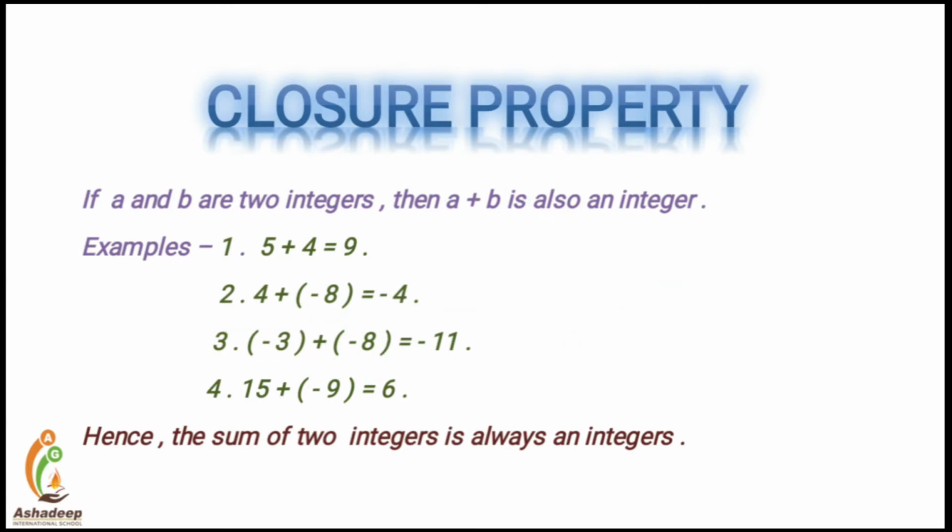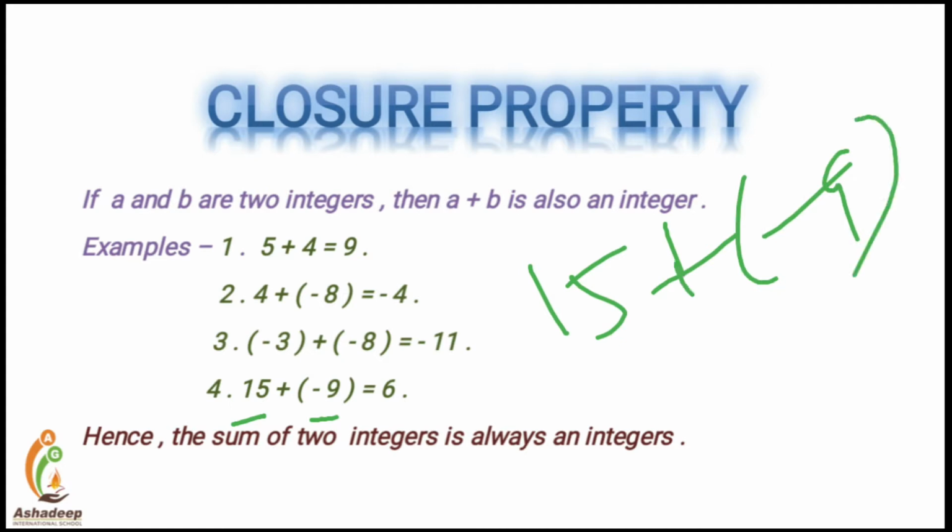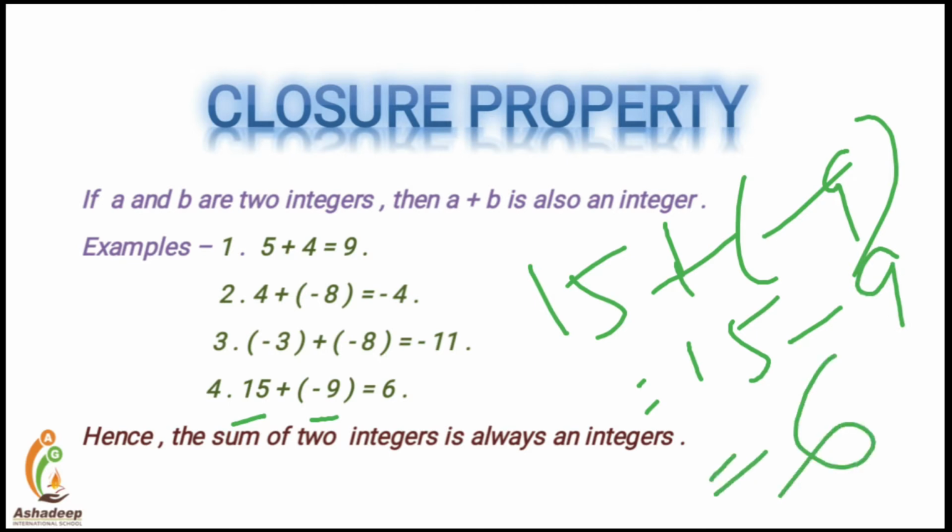Clear? Then one bigger positive integer and one smaller negative integer. Again plus minus becomes minus. So 15 plus minus 9. So 15 minus 9 is equal to 6, plus 6.